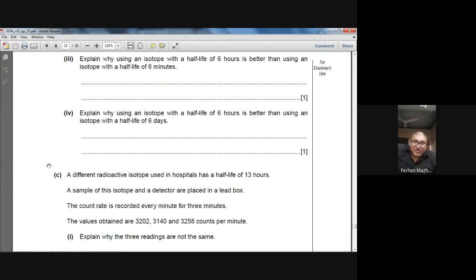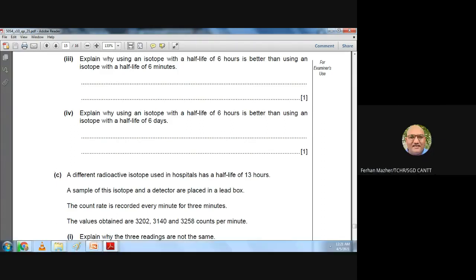The radioactive solution is inside the body of the patient, so the body will be radiated and will remain radiated for a very long time. So 6 days is too much time. The patient has to remain in the hospital for a very long time. 6 hours is the better time.